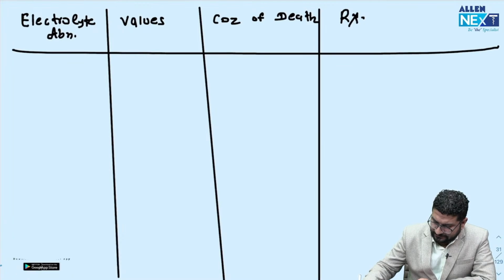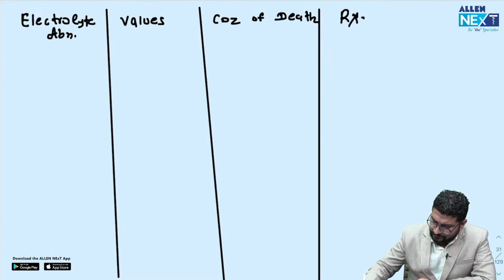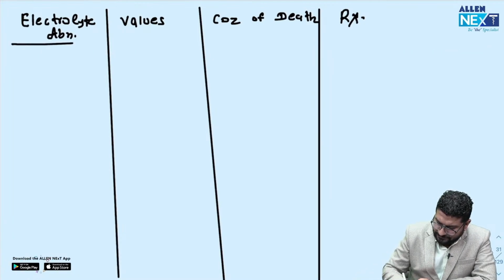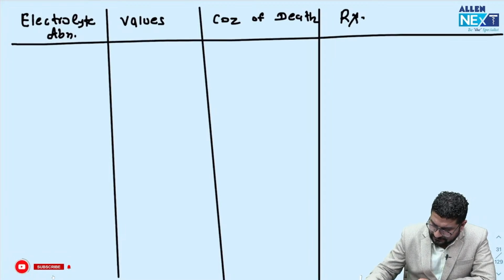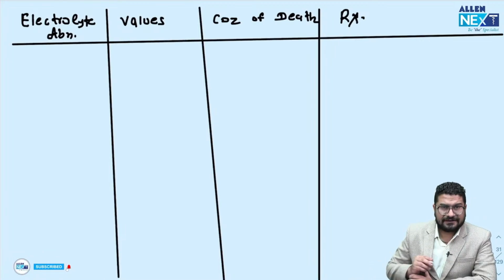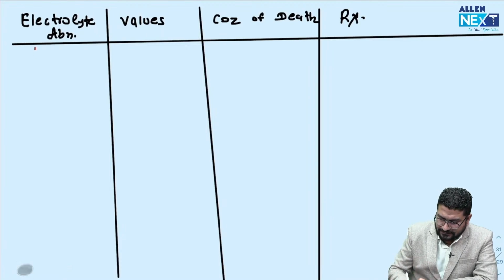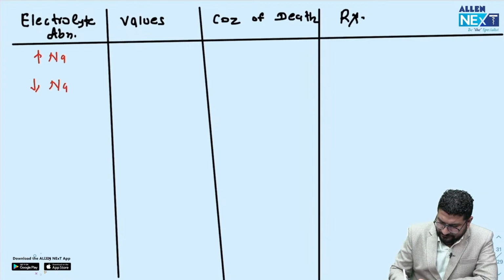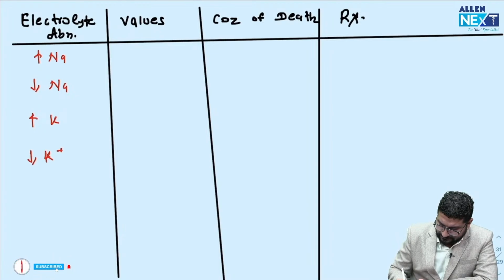We basically have a few electrolyte abnormalities which you need to remember. So this table will be extremely helpful to you. They can ask you about hypernatremia, hyponatremia, hyperkalemia, hypokalemia.